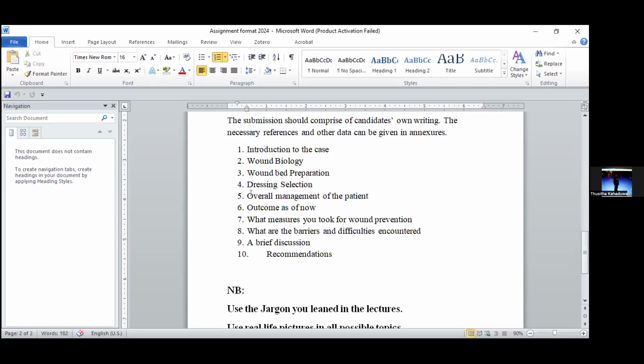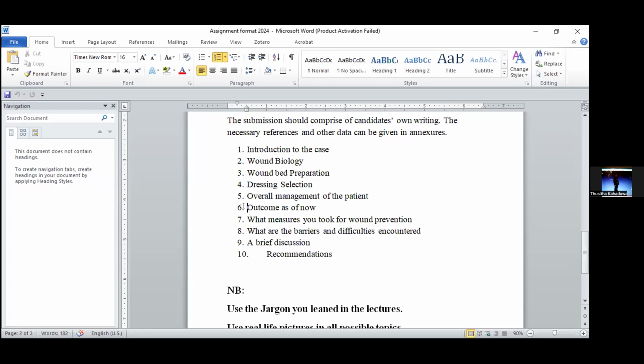So this will be quite lengthy. I mean, each and every patient has about 3 to 5, maybe 10 problems. So if you haven't identified any problems, then it seems that you haven't done it.